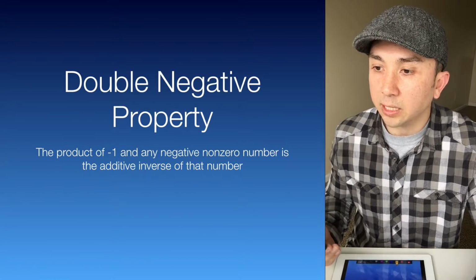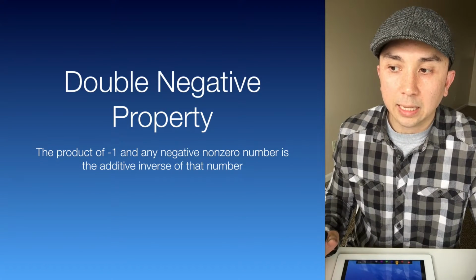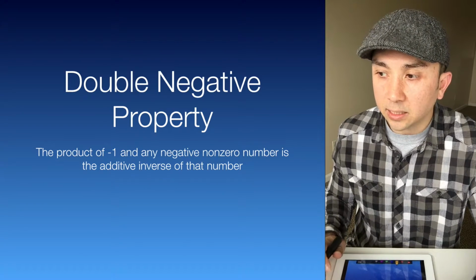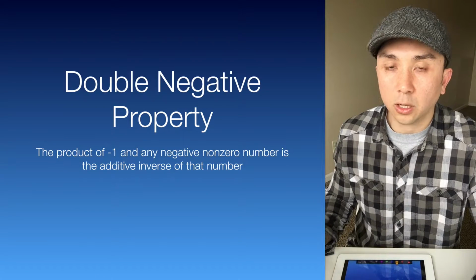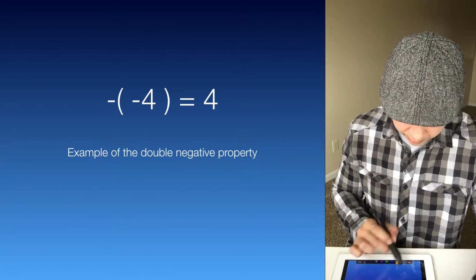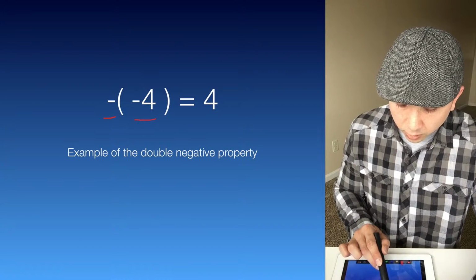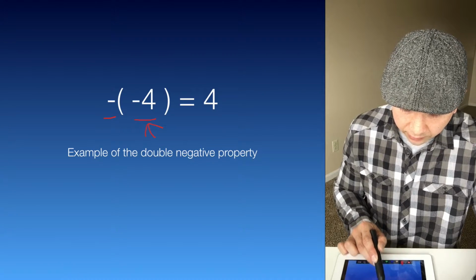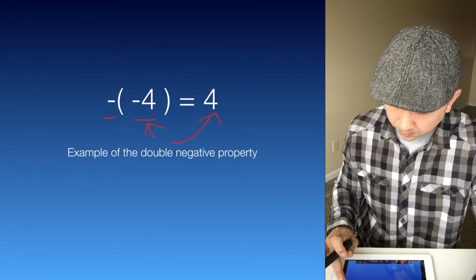So the double negative property states that the product of negative 1 and any negative non-zero number is the additive inverse of that number. So for example, if we take negative 1 times negative 4, well, it's just the additive inverse of negative 4, which is 4.